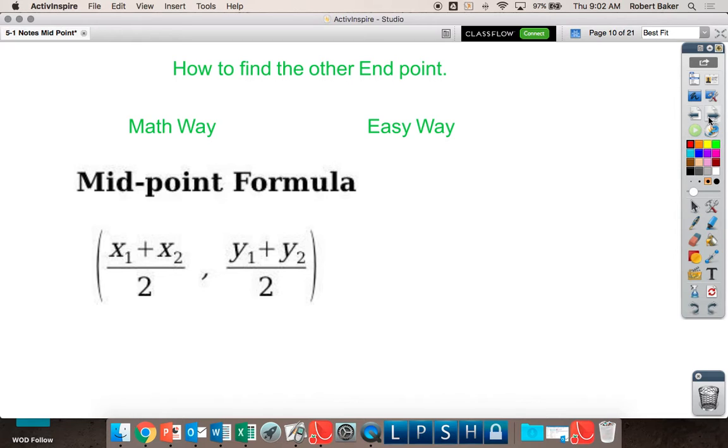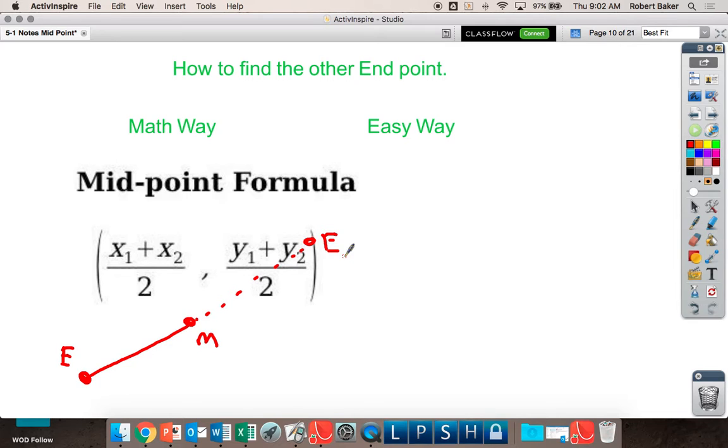So, to find a midpoint, you must have 2 endpoints, right? Now I'm going to give you a midpoint. So, you have one endpoint, and I give you the midpoint. It's your job to find the other endpoint. Does that kind of make sense?